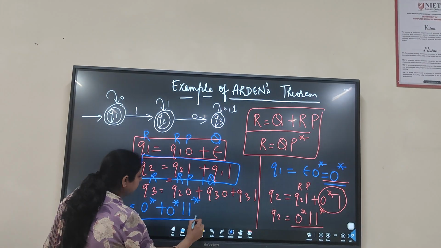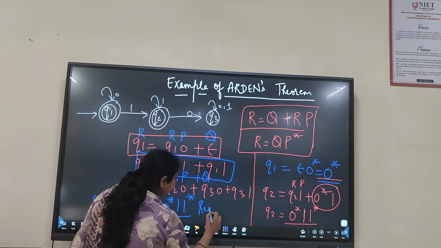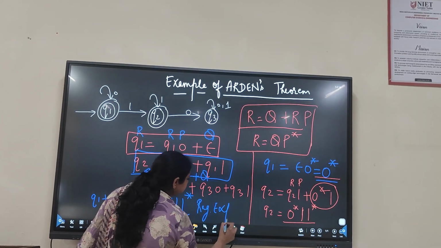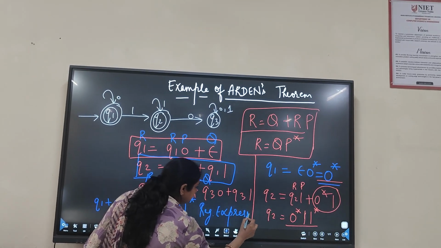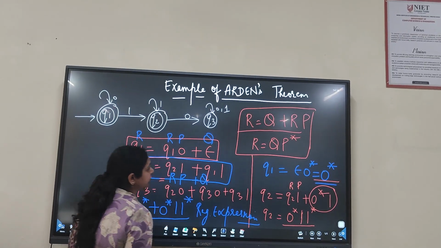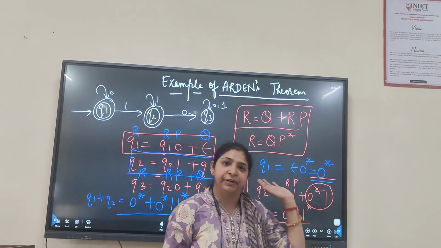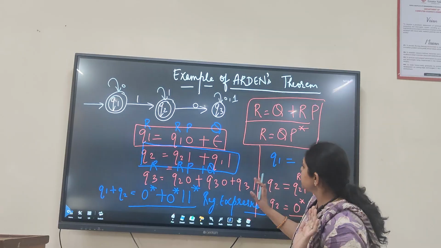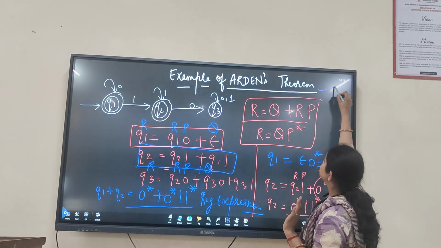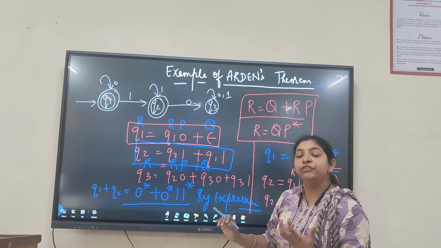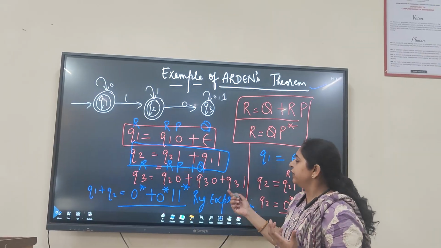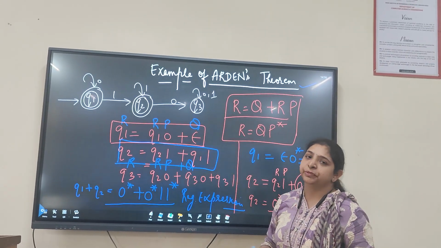So this will be the required regular expression for the given finite automaton. In this way we have learned about Arden's theorem as well as how we write the regular expression from the given finite automaton. Thank you.